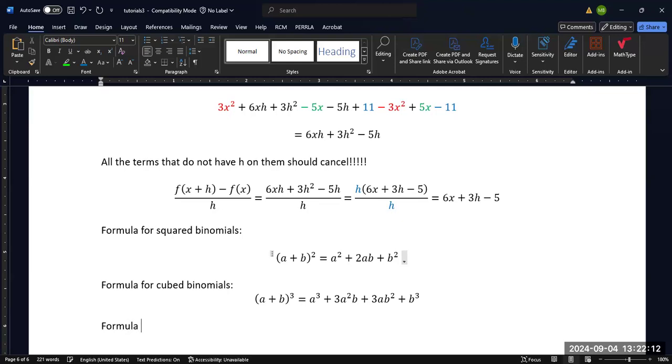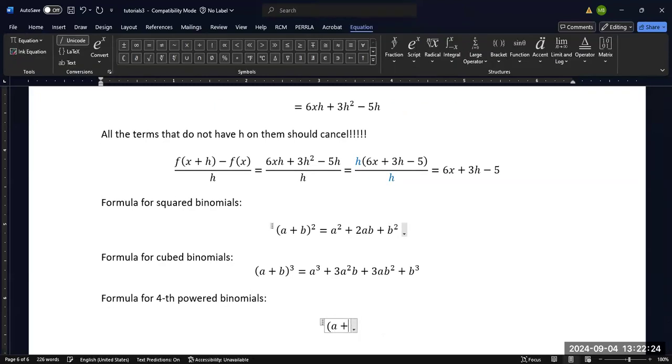And I'll just also write down the formula for a fourth powered binomial. So a plus b to the fourth would be a to the fourth plus 4a cubed b plus 6a squared b squared plus 4ab cubed plus b to the fourth.